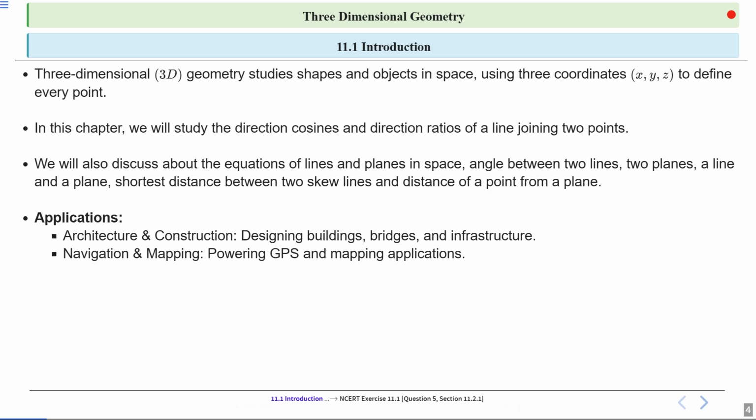Next, let's look at navigation and mapping. GPS systems and mapping applications rely on 3D geometry to determine locations on Earth. For instance, your phone uses coordinates, latitude, longitude, altitude to pinpoint your position and help you navigate from one place to another.